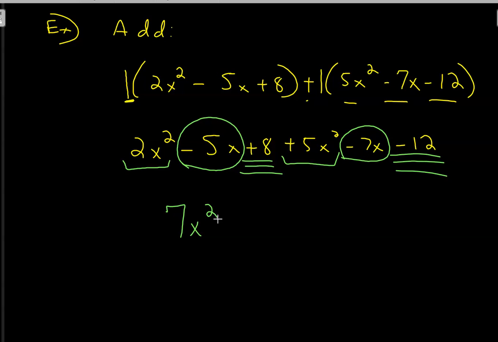So they really get to be negative 12x, because they add with the negative sign. And the last one is positive 8 and negative 12 here. So positive 8, take away 12, that would leave you with negative 4.